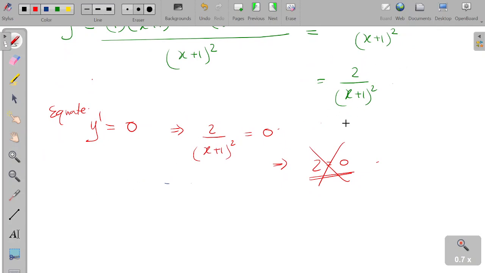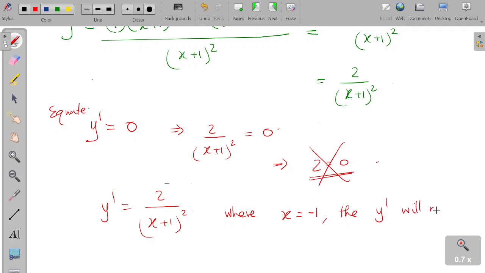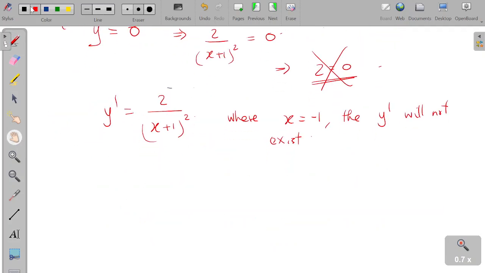From the derivative, the derivative will not exist where x equals negative 1. So we now have that the critical value is x equals negative 1.